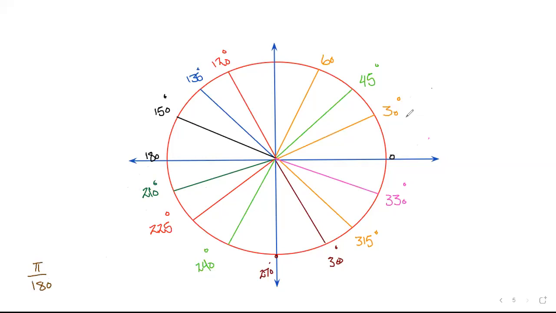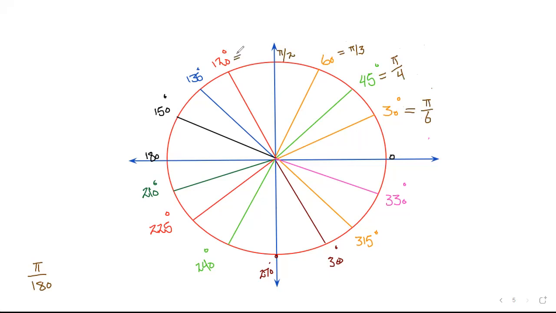For 30 degrees, it's equal to what? Pi over 180 times 30 becomes pi over 6 radians. For 45, it equals pi over 4 radians. For 60, it's equal to pi over 3 radians. For 90, it's equal to pi over 2, as we did.